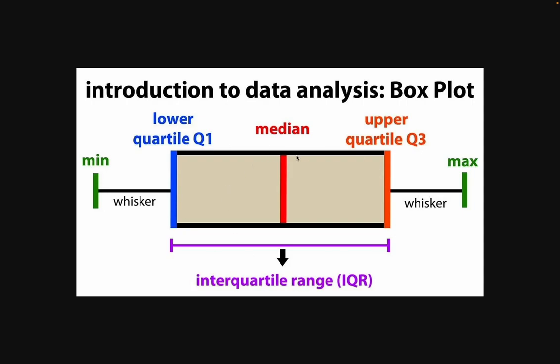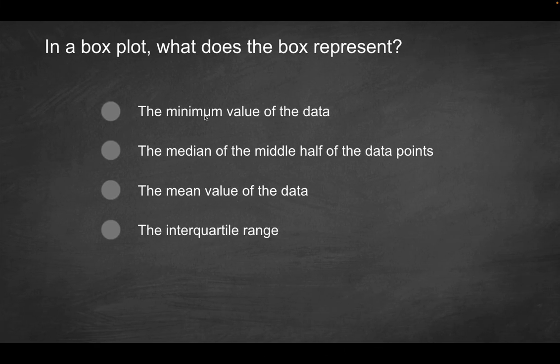So the box itself represents the interquartile range, which is the population between the 25th and 75th percentile in a data set. So going back to the question, are we talking about the minimum value? No. Are we talking about the median of the middle half of the data points? No. Are we talking about the mean? No. What we're talking about is the interquartile range.